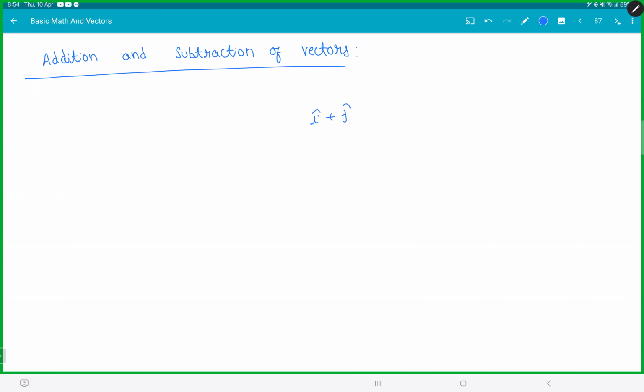It is nothing. It is i plus j only. Meaning, i and j are simply two different directions. Think of it like this. What is 2 apples plus 3 mangoes? Same as it is written, sir. It is not 5 apples or mangoes, right? You don't create a new fruit. Suppose I add 3 apples and 1 mango, how do you add this? You add apples to apples and mangoes to mangoes, isn't it? You don't mix up the fruits. Same way when you're saying i cap and j cap, you do the same thing.